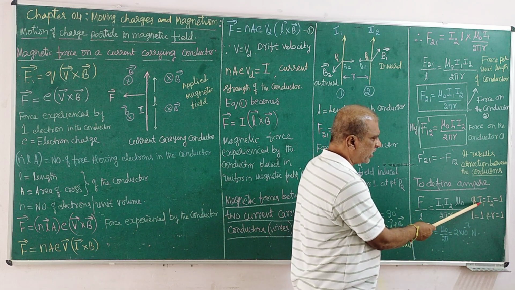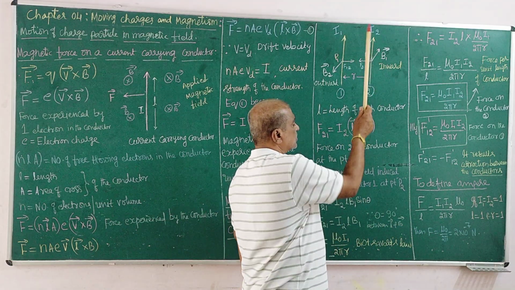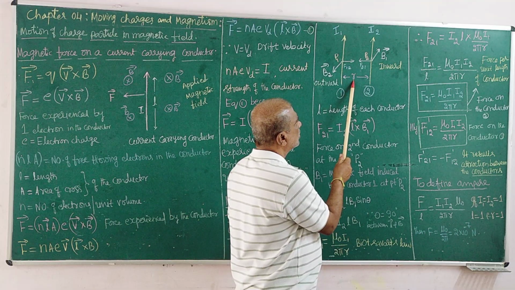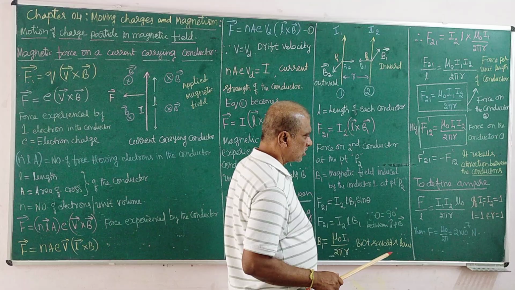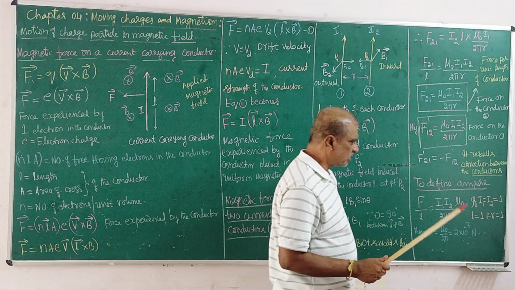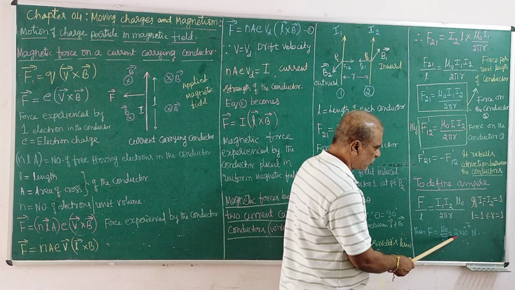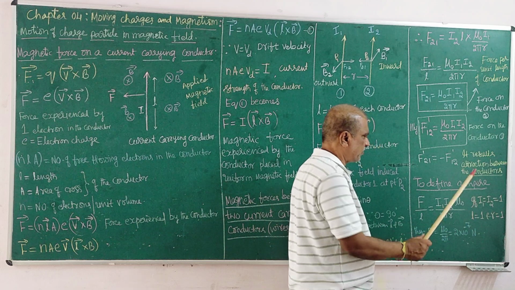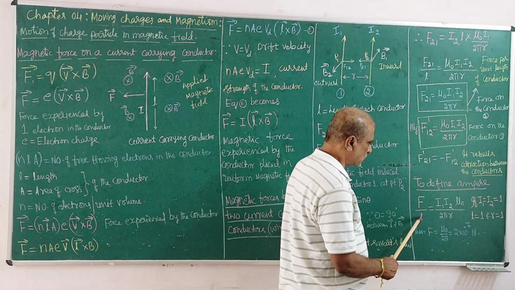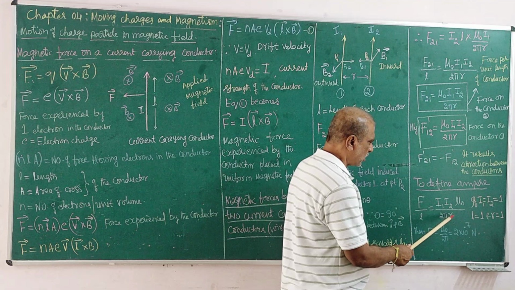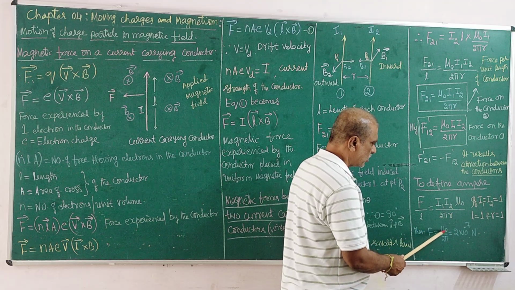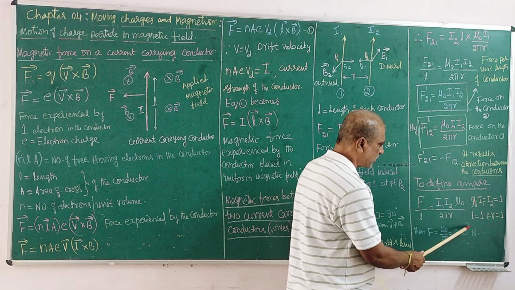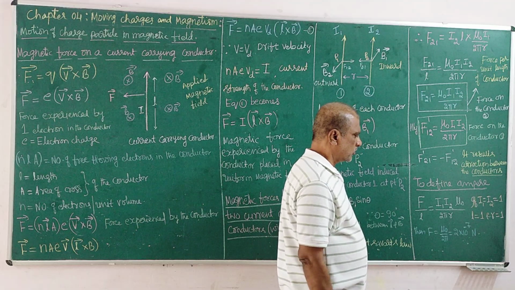Because if we repeat this equation and put L equals 1, I1 and I2 equal 1, R equals 1, then mu naught by 2 pi, the value of mu naught divided by 2 pi, equals 2 into 10 to the power of minus 7 Newton. That is the meaning.